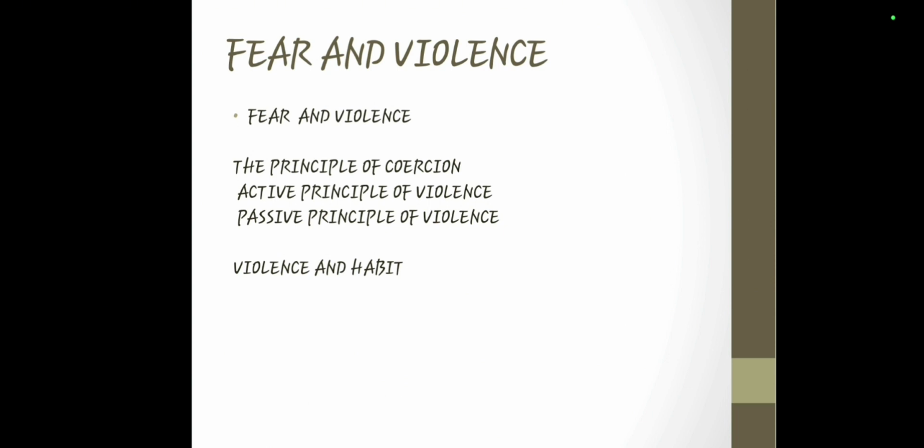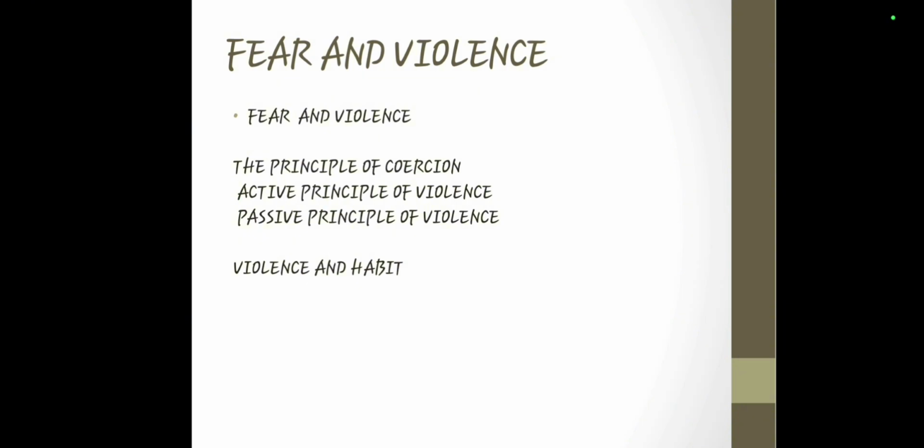Meaning to say, if we are trying to explain violence and habit, it somewhat explains passive violence. Violence is actually a behavior involving physical force intended to hurt, damage or kill someone or something. That is violence. Violence can be a habit.